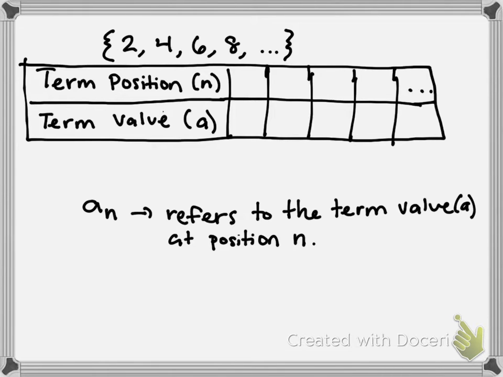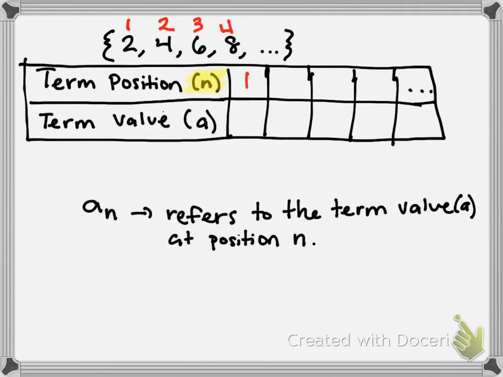All right, we've seen charts like this before. When you see the letter N, when we're talking about sequences, that has to do with the term position. So if we have the sequence 2, 4, 6, 8, the first term is 2, the second term is 4, the third term is 6, and the fourth term is 8.